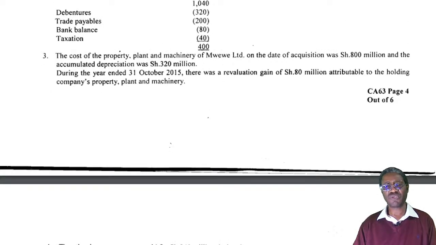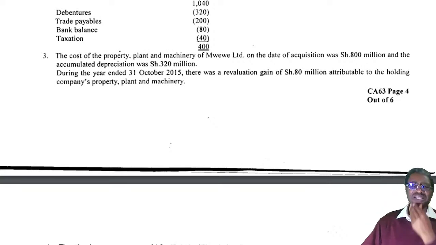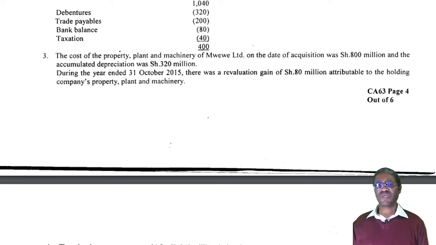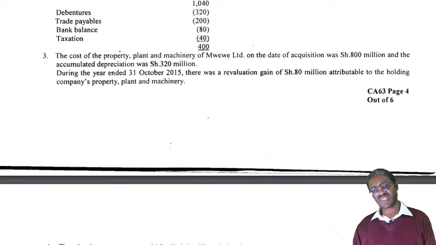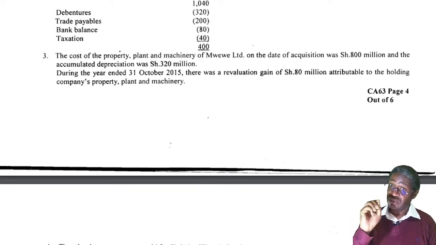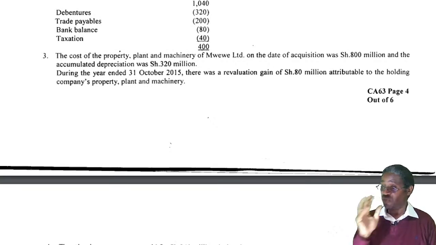Note number 3. The cost of property, plant, and equipment of Mwewe Limited on the date of acquisition was 800 million. And the accumulated depreciation was 360 million. That is for the subsidiary disposed. Don't confuse that. Depreciation is not for the year.